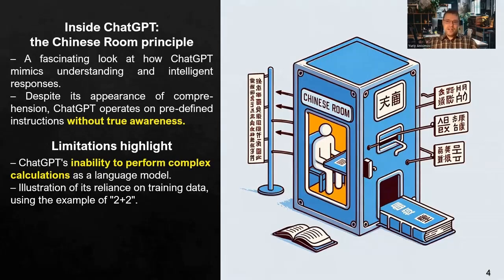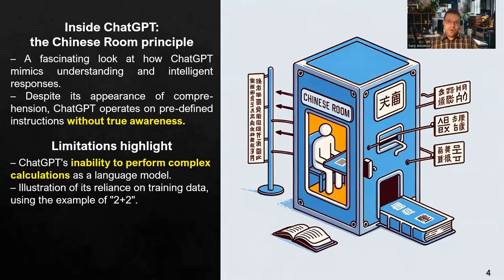Basically, if a person throws a character into the Chinese room, there is another person sitting inside the room who just has instructions on how to process it, and then the processed result can be seen by the person outside, and they think that the person inside the Chinese room knows the Chinese language. But in fact, no. The person sitting inside the room knows just the instructions. The same is true of ChatGPT. It knows the instructions, but it processes information according to these instructions, how it was trained in different languages, and that's it.